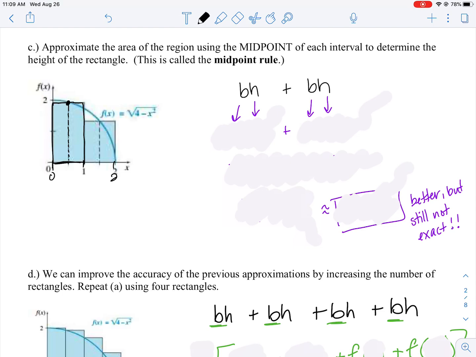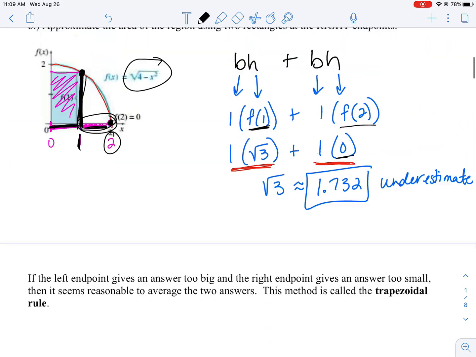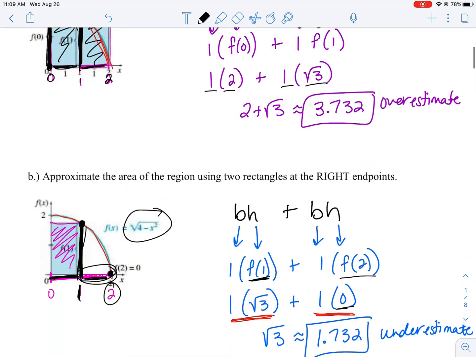I took my next rectangle, found the middle, followed it up to the function, and that's where I drew its height. So now the heights are the middle points of these rectangles, not the left or the right endpoint. We can still estimate, and this estimate is going to be a little bit better. There's a little bit above, there's a little bit below, but it's going to be better than purely using left or right endpoints, right?